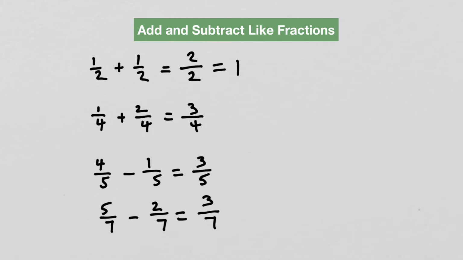Okay, so let's increase the level of difficulty a little bit. And this is where the rules of integers come into play. Okay, here's what I mean. Let's suppose we have negative 1/3 plus negative 1/3.